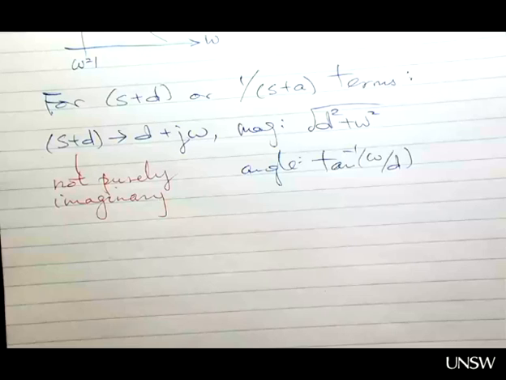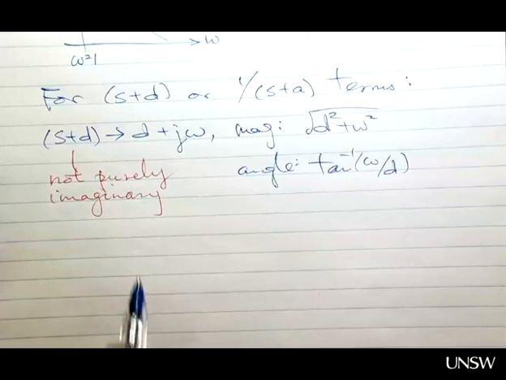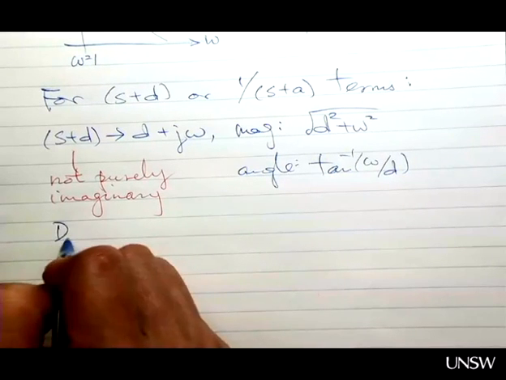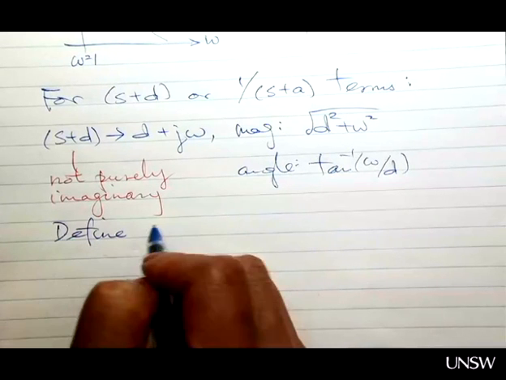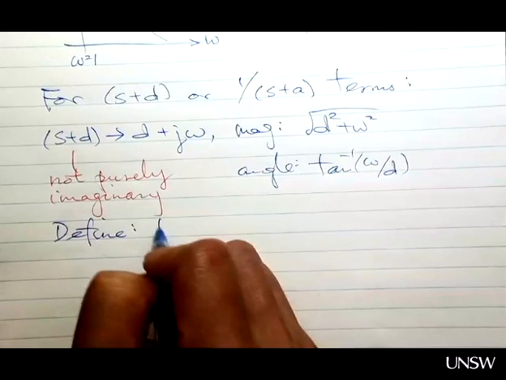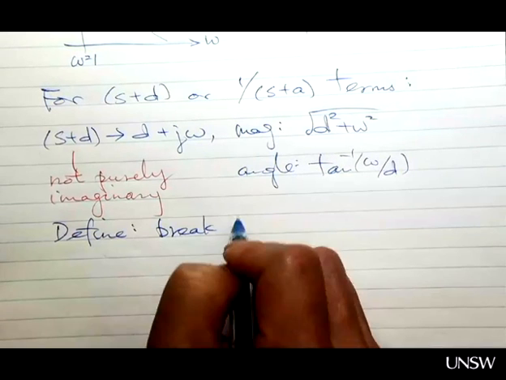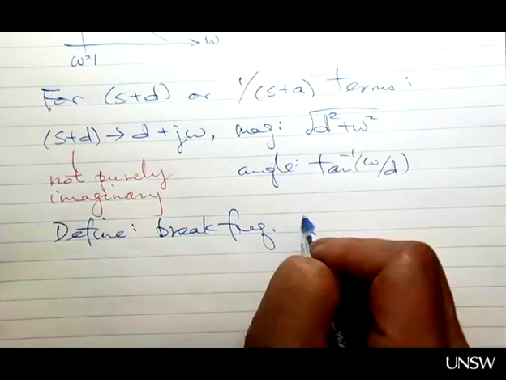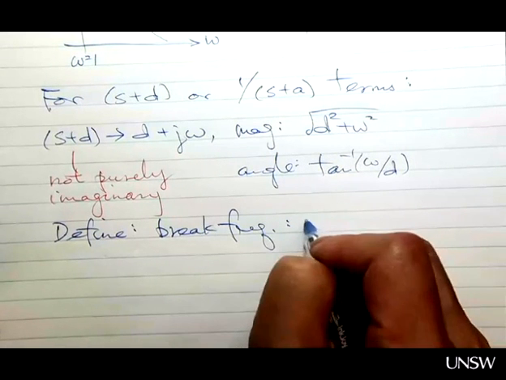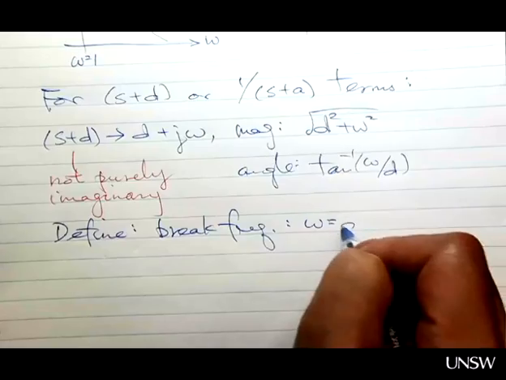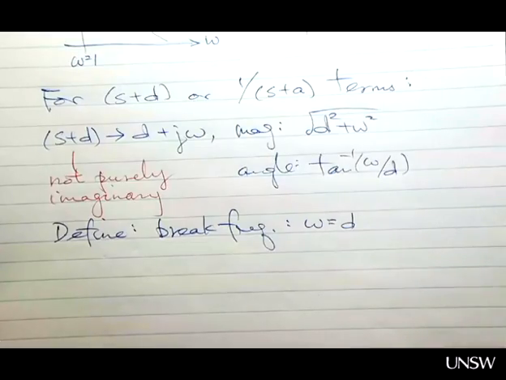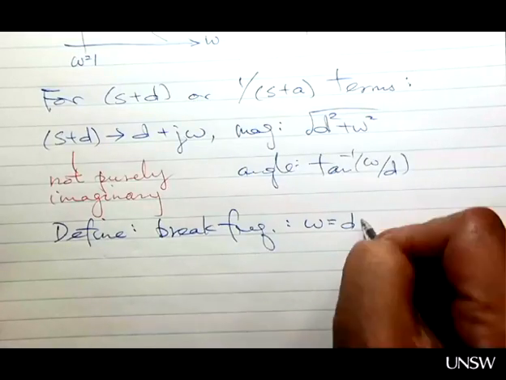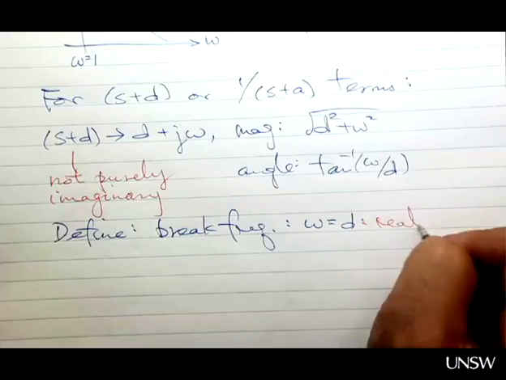So we define a particular case. We call it again the break frequency. That is when omega equals d. So in this case the real part equals the imaginary part.